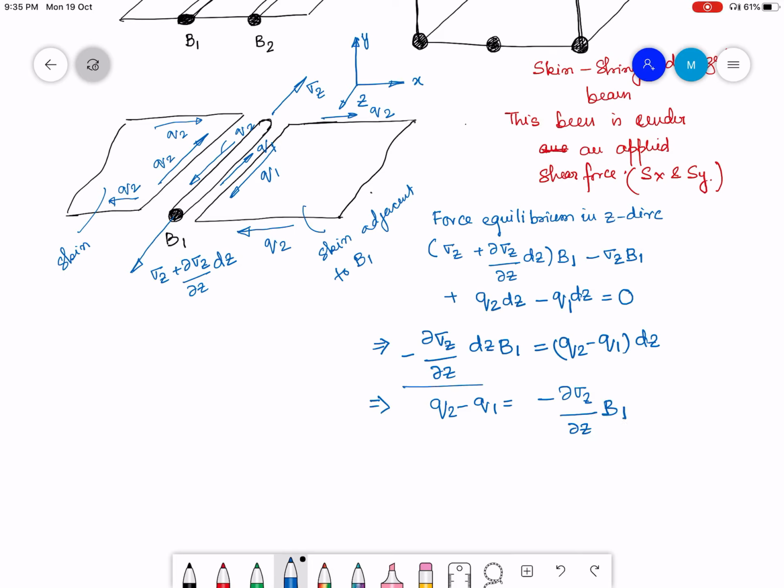Okay, so this is the simplified version of the force equilibrium equation. Let me call this equation 1.